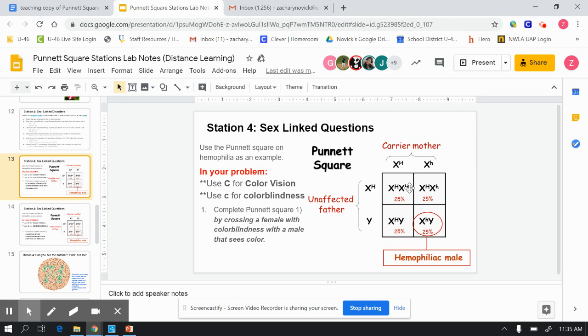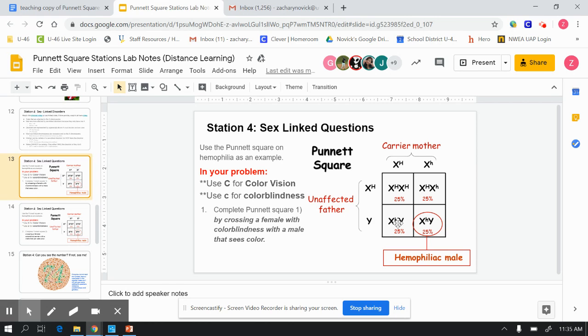So when you combine them in a Punnett square, you're combining all of that information. In this first square, you have two X chromosomes, both of which have dominant hemophilia alleles. In this square, you have two X chromosomes. One has a dominant hemophilia allele. One has a recessive hemophilia allele.